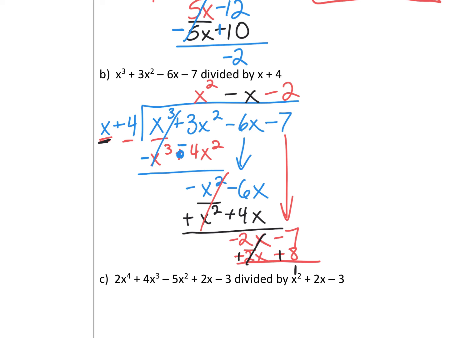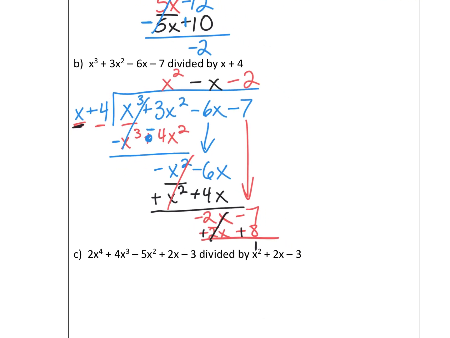Go ahead and write what the final answer is and box it in for me. And what is it? x squared minus x minus 2 plus 1 over x plus 4.